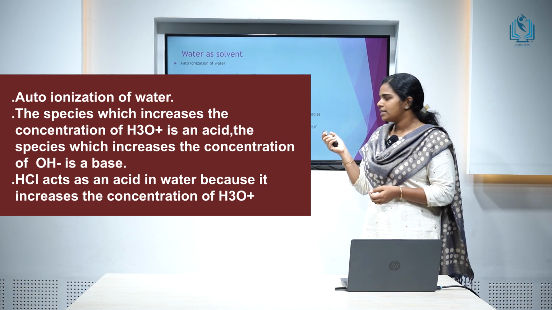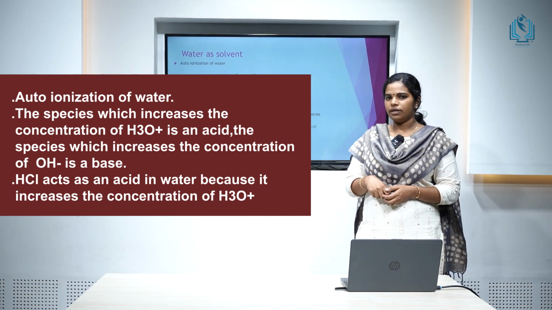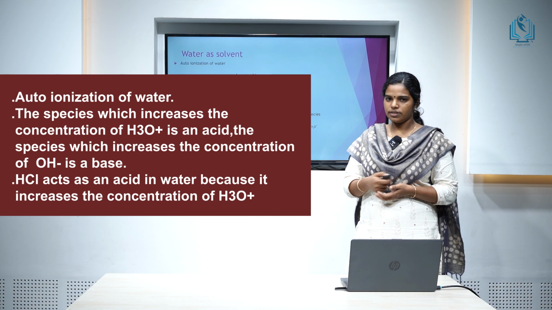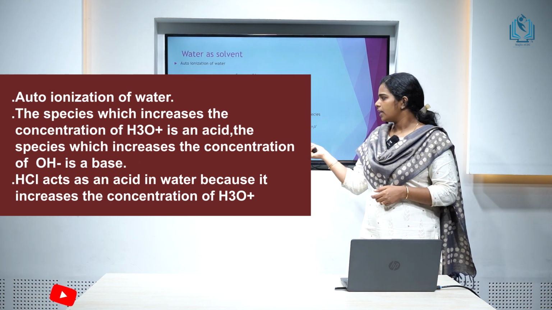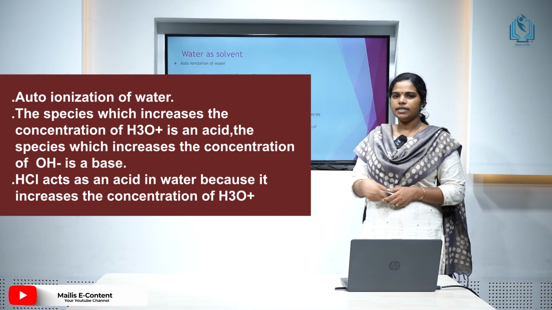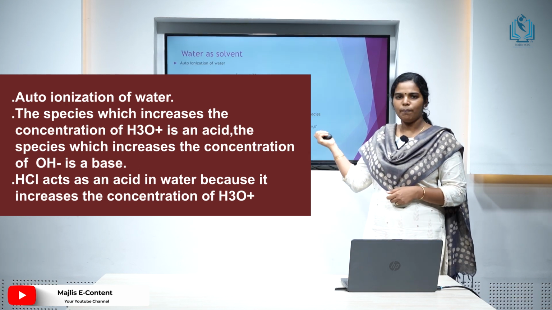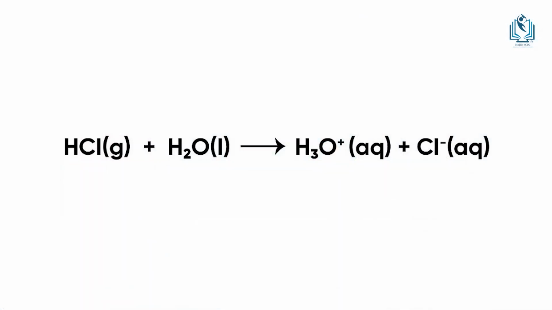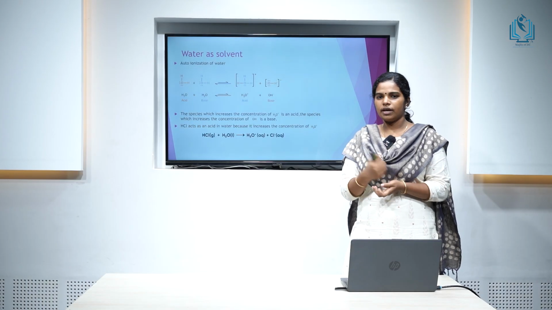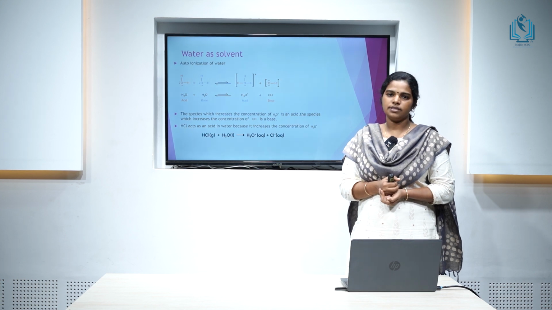So, HCl acts as an acid in water because it increases the concentration of H3O+. Here the reaction is given: HCl plus H2O gives H3O+ plus Cl-. Here additional H3O+ is formed and the concentration of H3O+ increases. Hence, we can call HCl an acid.